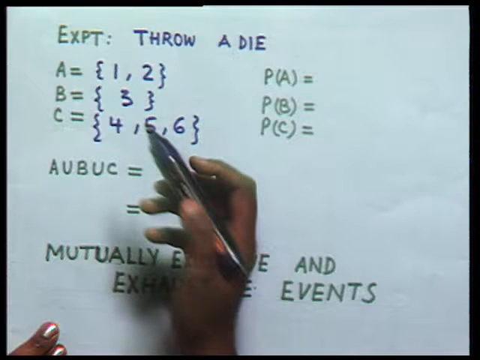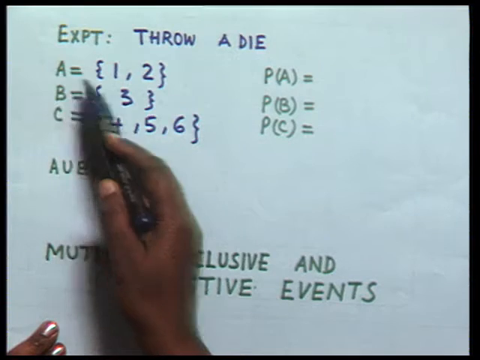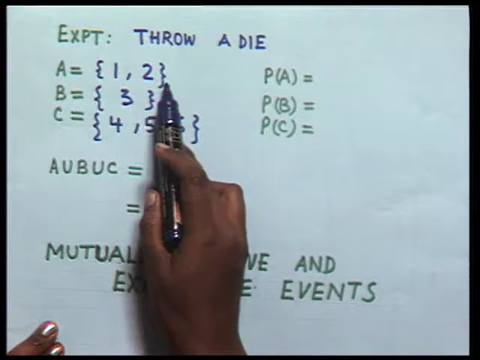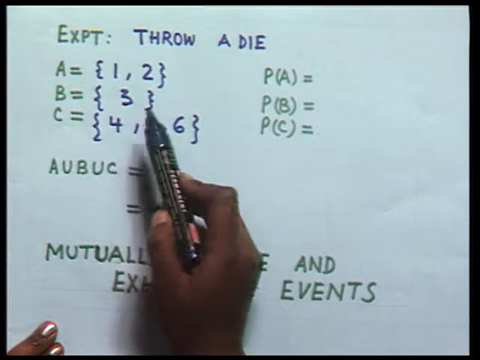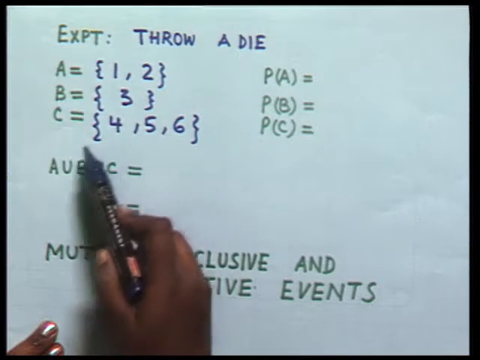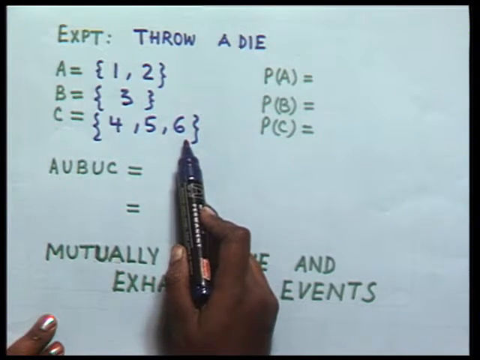Consider another example. Throw a die and observe the number shown on it. Event A is defined as getting a number which is less than 3, event B defined as getting a number equal to 3, and event C as getting a number greater than 3.